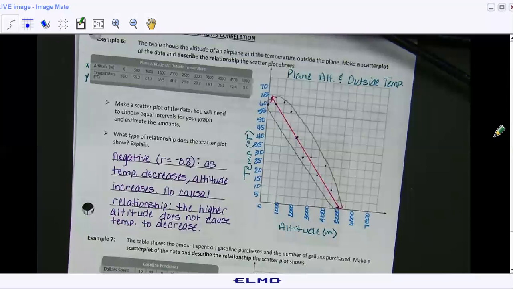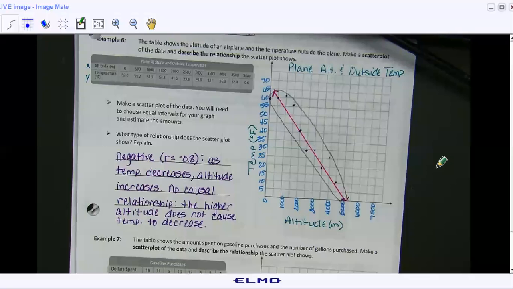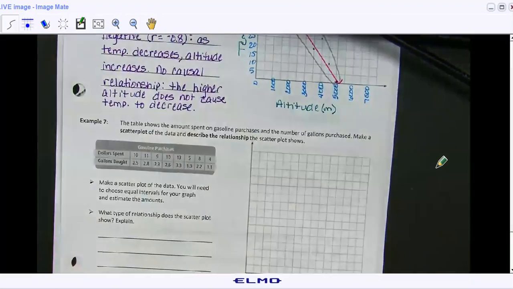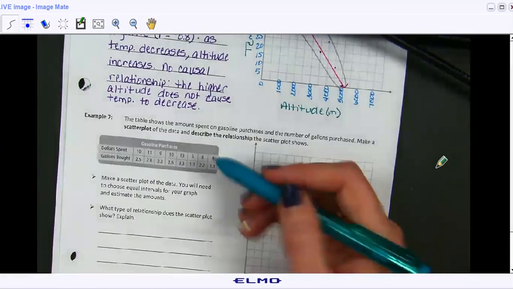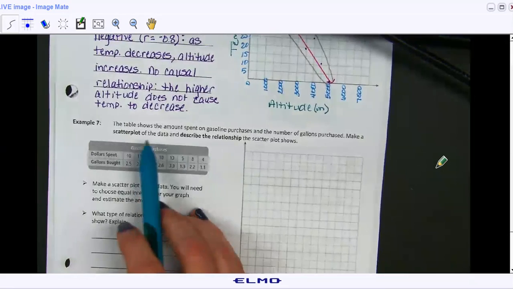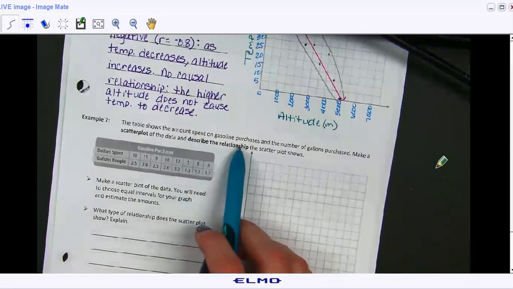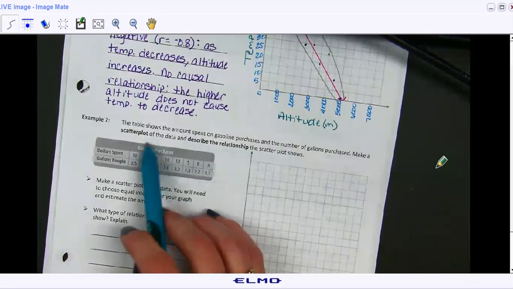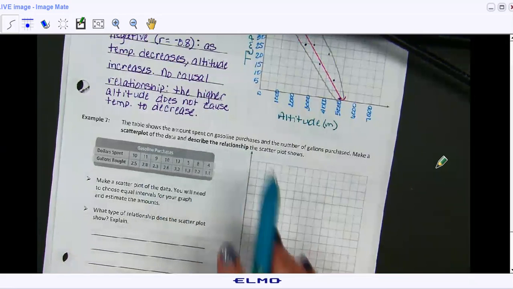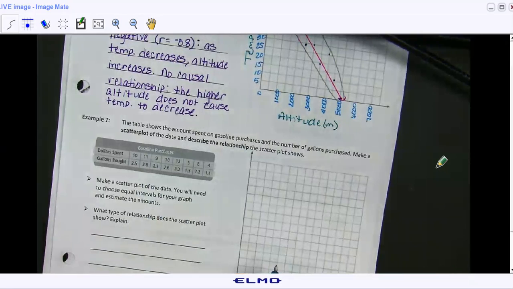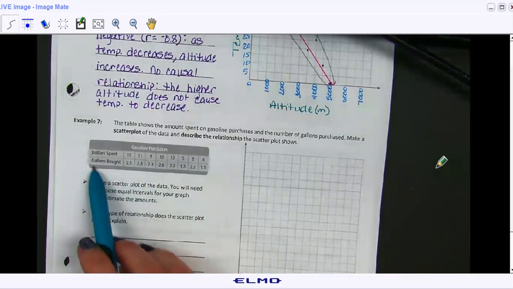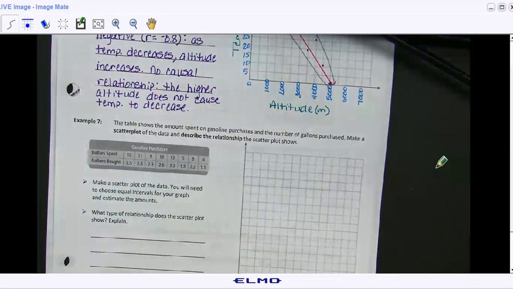On this next one, example 7, I need to explain it before you start graphing because the X and Y is flipped. The table shows the amount spent on gasoline purchases and the number of gallons purchased. Make a scatter plot of the data and describe the relationship the scatter plot shows. So this is the amount of dollars you spend, and these are the gallons that you buy. Which causes the other?